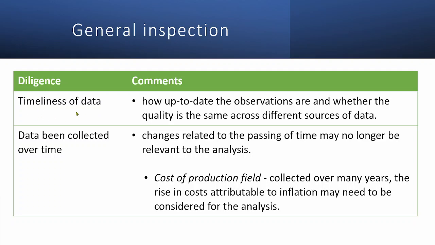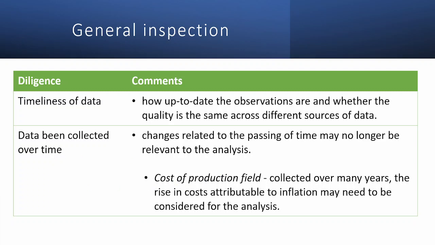Now, timeliness of data: how up to date are the observations in the data? If we expect the data for the last 12 months, then we must make sure the data belongs to that period only. Data collected over time also has an issue.